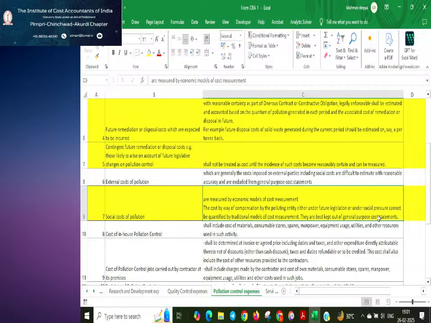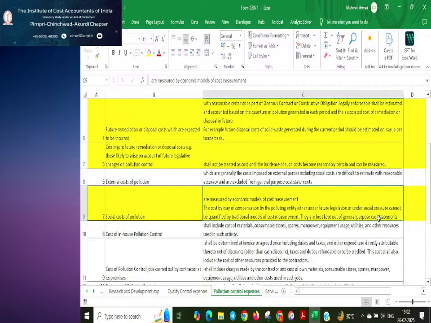What is this? For example, if the water sources are polluted, and there are a lot of people, residential areas nearby the water sources. So immediately there is a pandemic that has broken out in that particular area. People are getting affected, they are getting diseased, or due to the toxic waste disposal, even there is death of people.